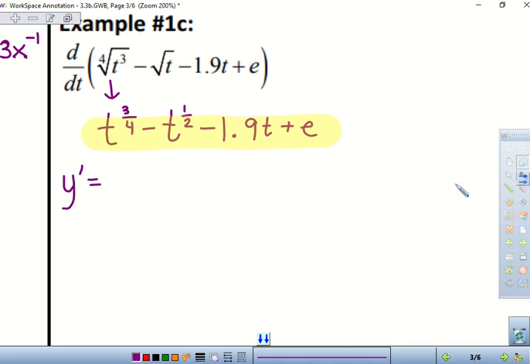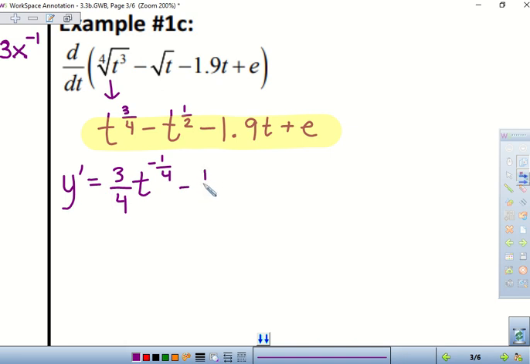So one thing I was noticing with helping my last class, you don't want to mix taking the derivative and simplifying. You want to make sure you do those in 2 separate steps, because that's where things get muddy and confusing. So this is going to become 3/4 t to the negative 1/4, because 3/4 minus 1 is negative 1/4.